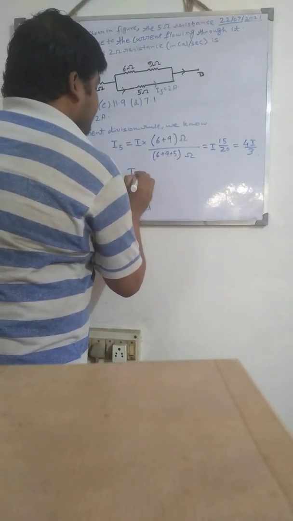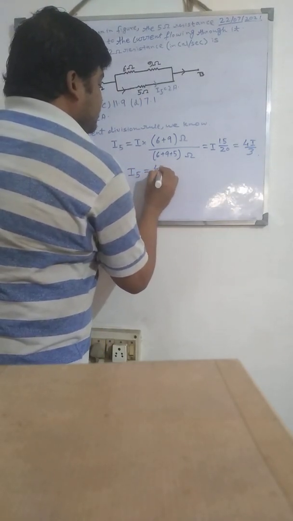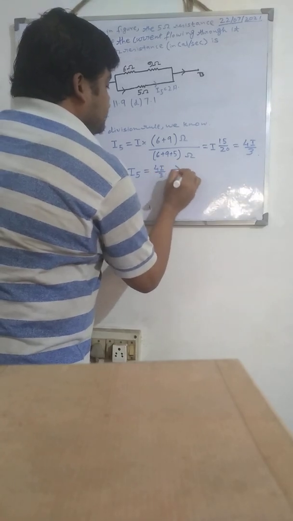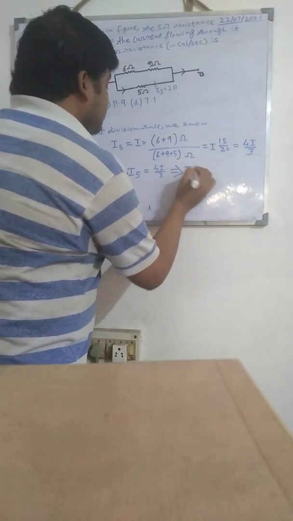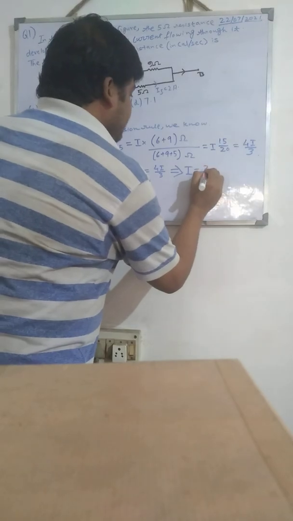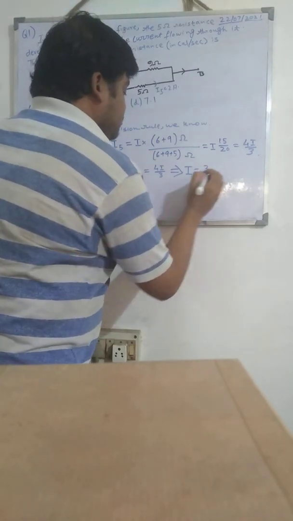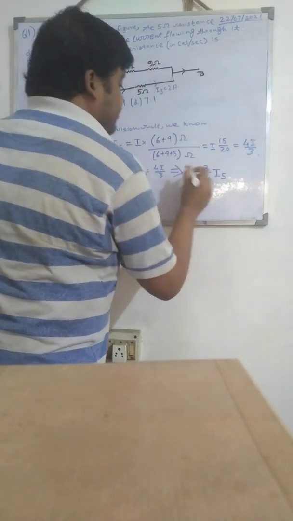So I5 is equals to 3I upon 4, and I is equals to 4 by 3 I5.